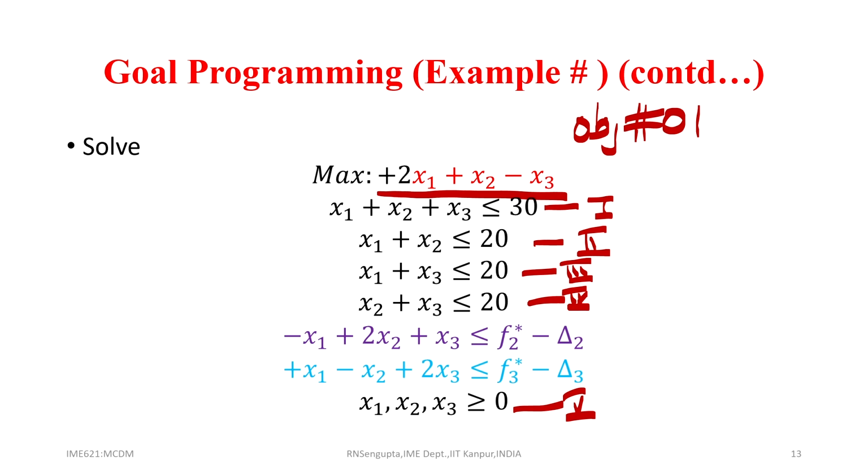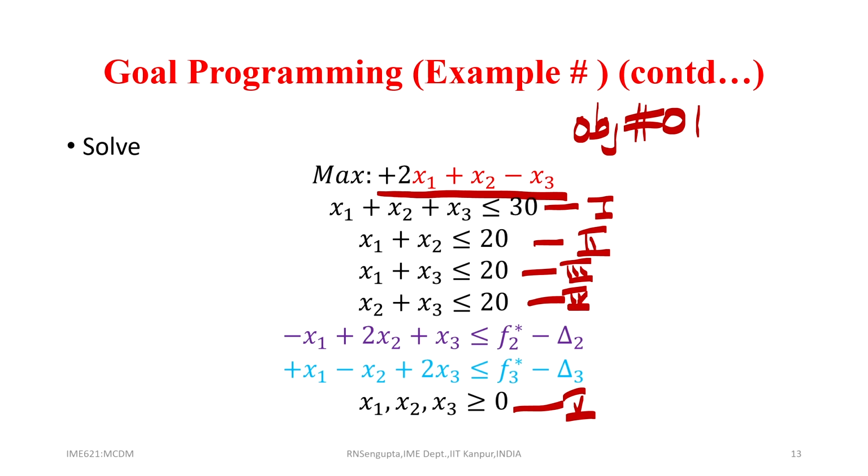So, f 2 star violet and f 3 star blue should be decreased from the value of 40, in order to see how we can reach the values corresponding to the case where we fix the values of objective function 2 and objective function 3 and try to optimize objective function 1.